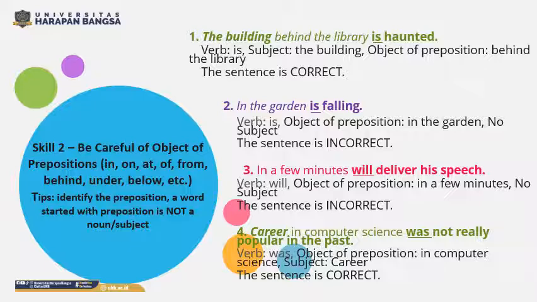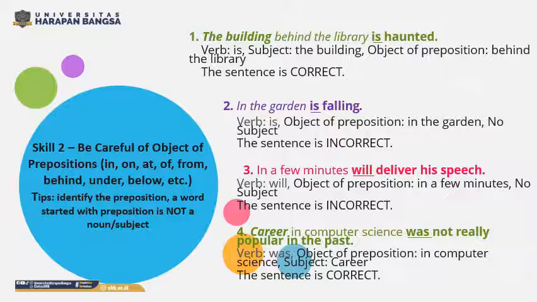Last one. Career in computer science was not really popular in the past. Find the verb. Yes, it is be, was. Find the subject. Subject is before the verb. Career in computer science. Can you find preposition?